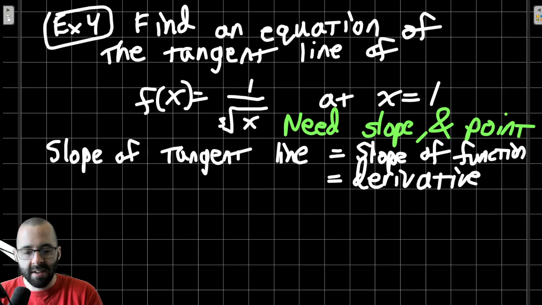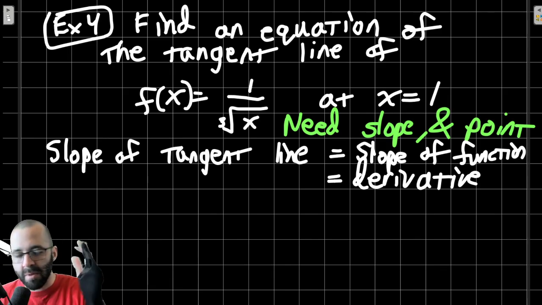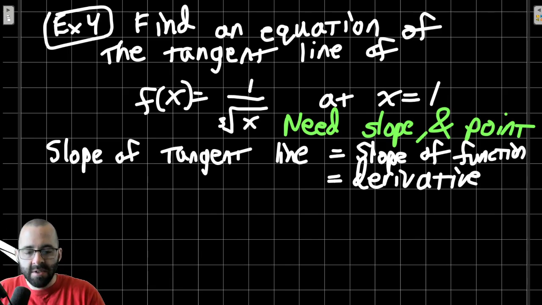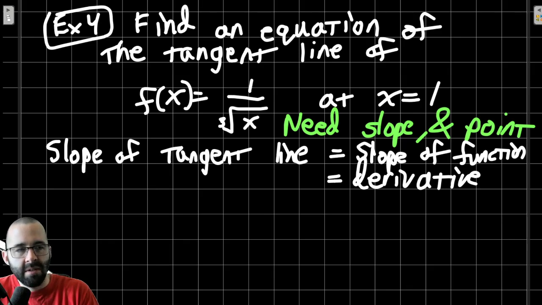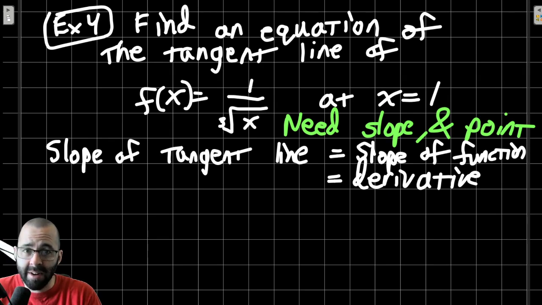So it's all connected. Slope of tangent line, slope of function, derivative. So if we need the slope, we need to find the derivative. Anytime you're trying to find slope, you're probably going to have to take the derivative.